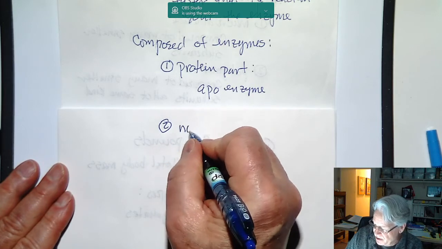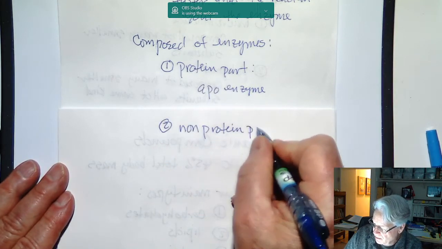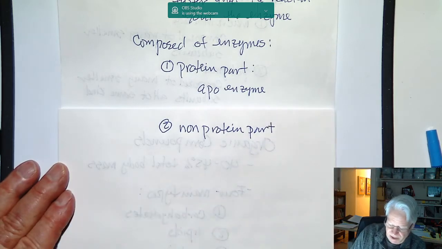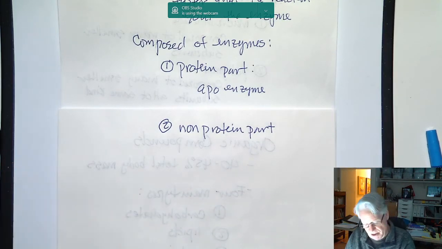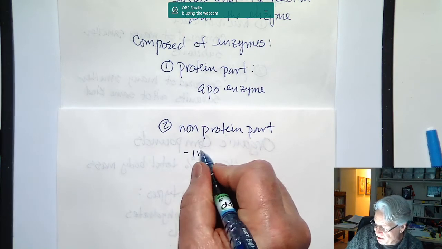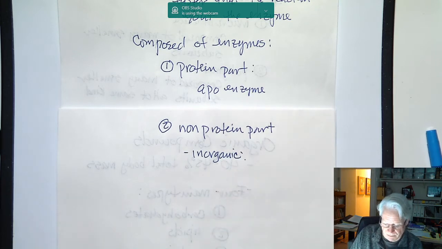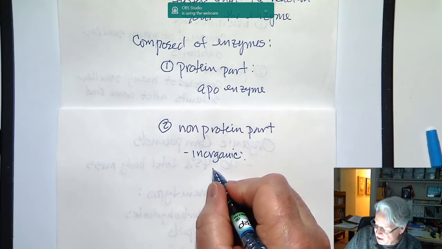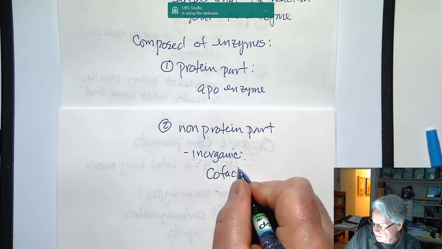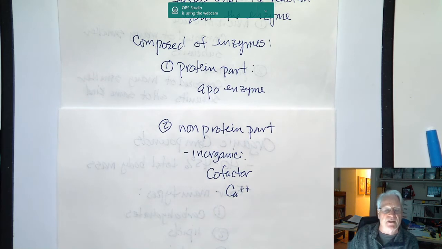So this is the non-protein part. And the non-protein part can be inorganic, in which case we refer to that as a cofactor. Calcium is an example.